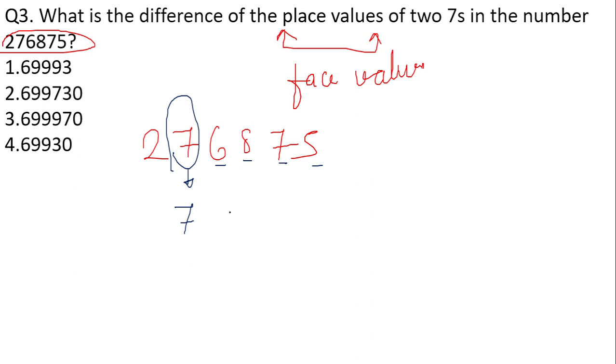How many digits are there after this particular 7? There are 1, 2, 3 and 4 digits. So we are going to add 4 zeros. So this is the place value of 7.